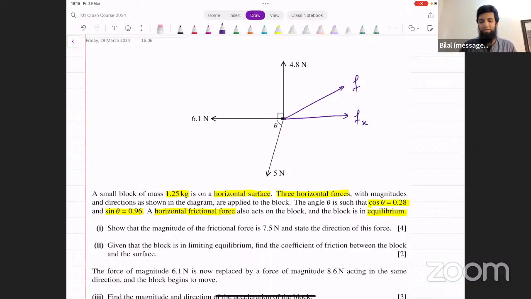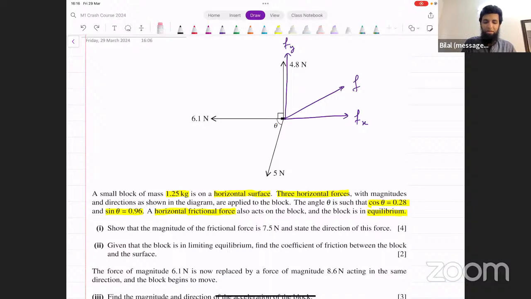Let's call that Fx. And it would have some y component. Some horizontal component, some vertical component, Fx and Fy, right? What we can do is we can find the values of Fx and Fy, and that will tell us the overall friction's magnitude as well.